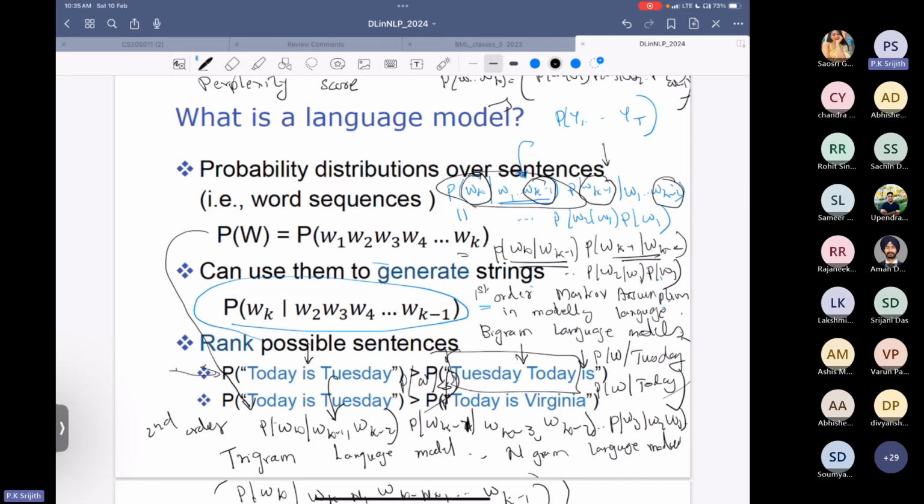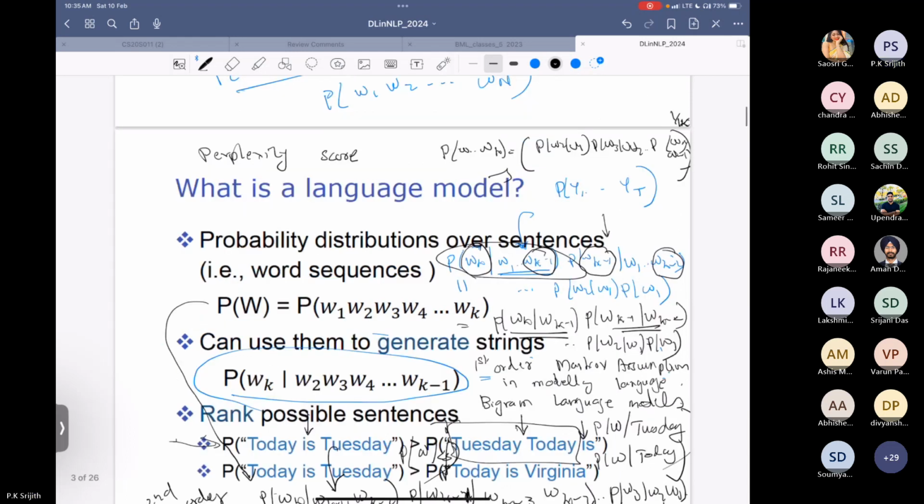So all these conditional probabilities, say WK given WK minus 2, WK minus 1, you compute by counting the number of times this order appears in the corpus, WK minus 2, WK minus 1, WK, divided by the count of the number of times WK minus 2, WK minus 1 appears. So when you consider this, you see the exact sequence in which this word order has appeared in the corpus. You don't treat it as a bag of words kind of model.